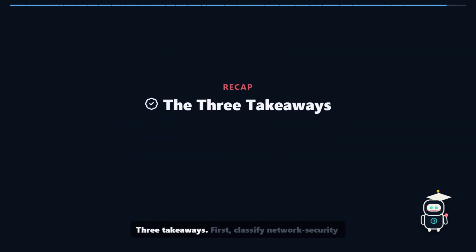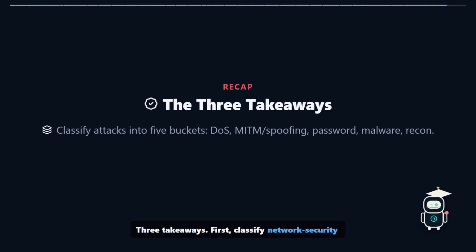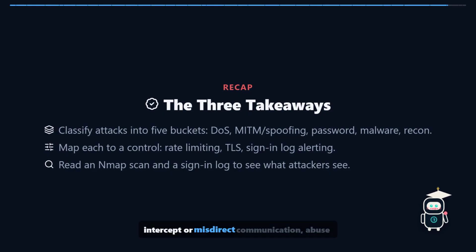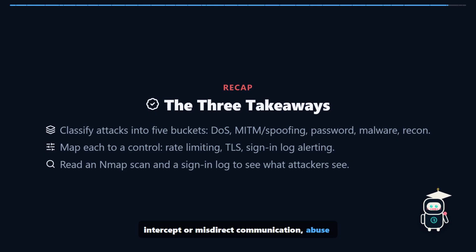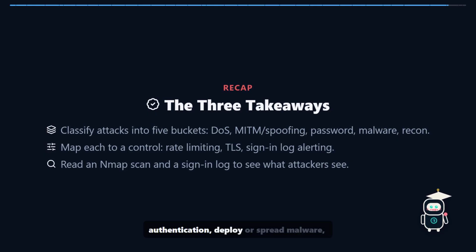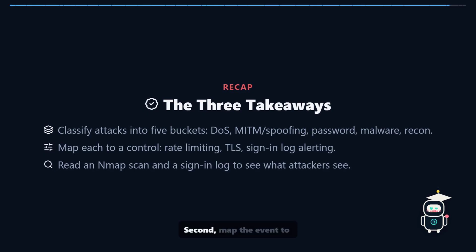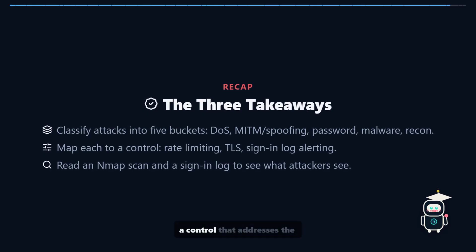Three takeaways. First, classify network security events by what they are trying to do: disrupt service, intercept or misdirect communication, abuse authentication, deploy or spread malware, gather information, or manipulate people. Second, map the event to a control that addresses the actual failure mode.